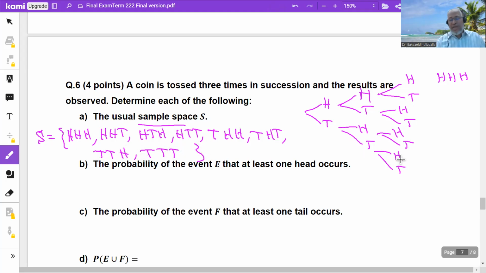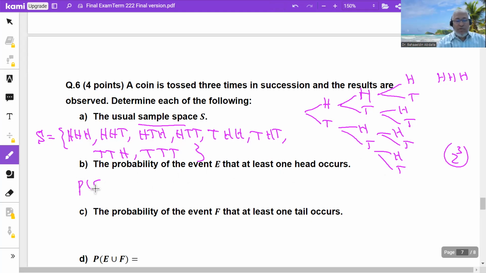How many possibilities? 8. You should have 2 to the power 3 possibilities. So if you toss a coin 4 times, it would be 2 to the power 4, because 2 times 2 times 2 times 2.